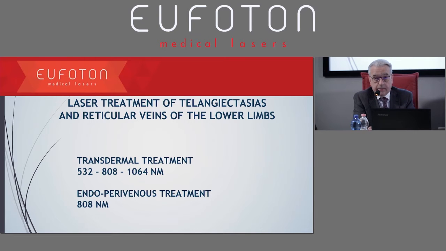So, at one point, we got the Endo-Perivenous treatment. So even us working not in the big city centers, received fibers, very thin fibers, thinner fibers compared to the fibers that we use when we can treat the big saphenous vein or the collateral veins.